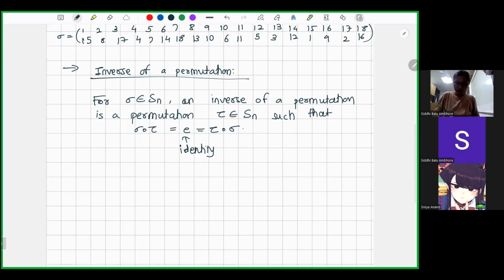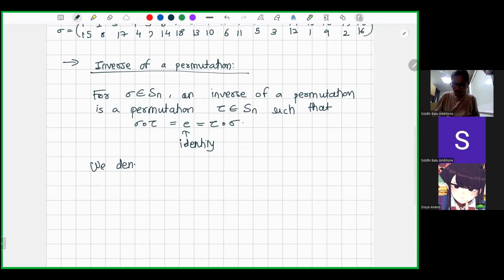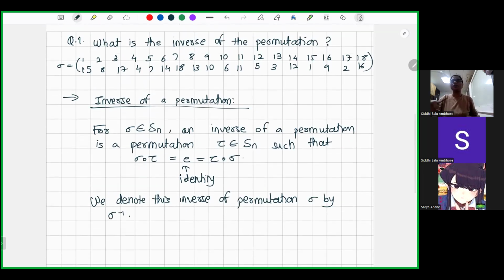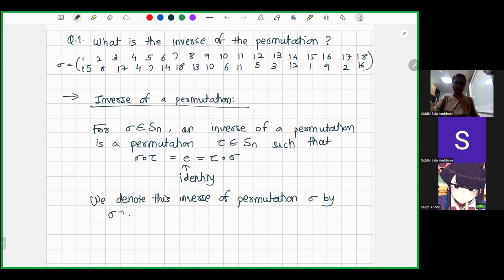Okay, and we denote the inverse of permutation sigma by sigma inverse. So we need to find one more permutation, sigma inverse, such that when I compose these two permutations, I will get the identity permutation.